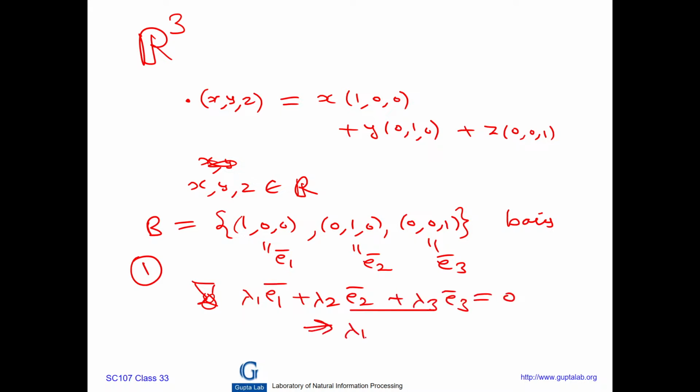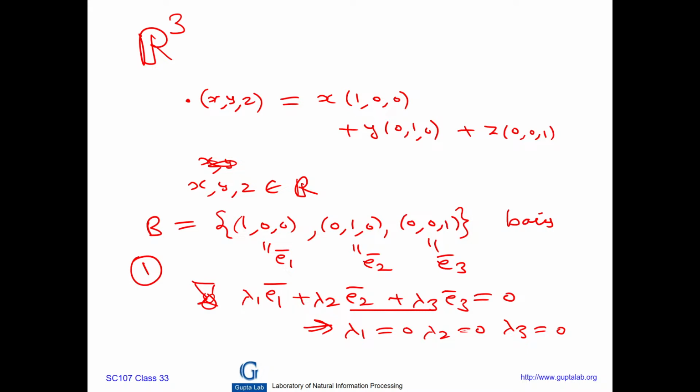This will certainly imply that lambda 1, lambda 2 and lambda 3 are all 0, because you cannot find non-zero lambda such that this linear combination is 0. This is possible only if each lambda is 0. So these three vectors are linearly independent. Got the idea of linear independence? So that means this set is acting as a basis.